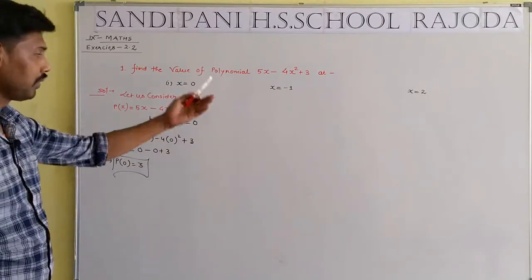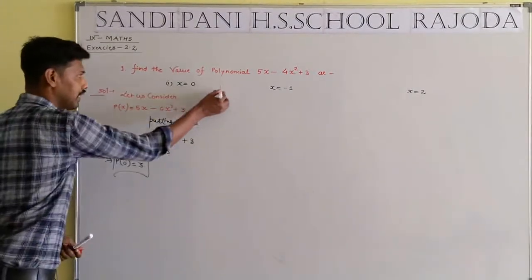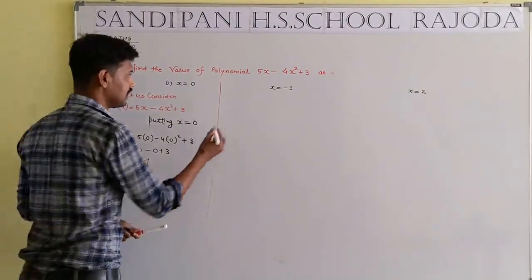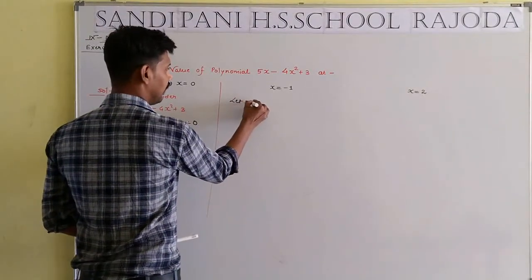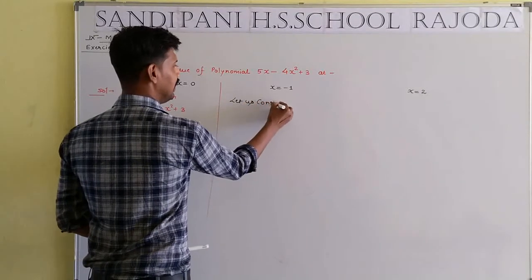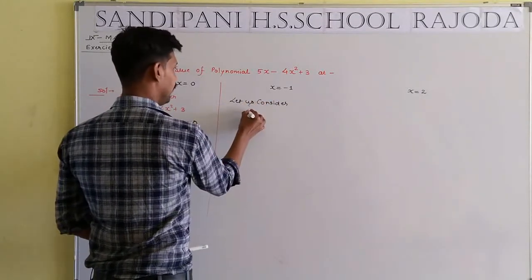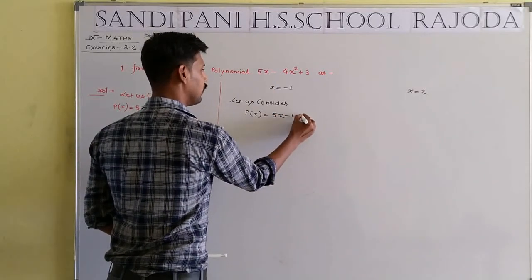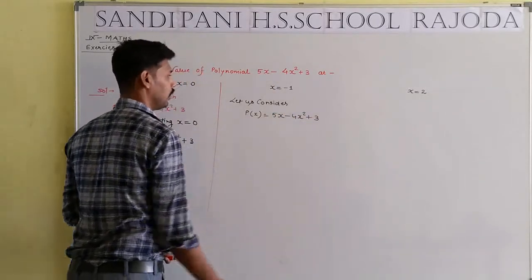Now we move to the second part. Here the same concept is there, but x will be equal to minus 1. Let us consider p(x) equal to 5x minus 4x square plus 3.